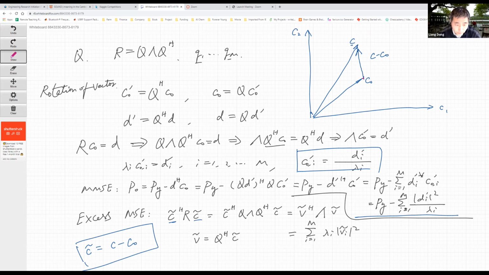First, we transfer the origin from 0 to C0. And here are Q1 and Q2, the two vectors of my eigen decomposition, right? Q1, Q2, dimension 2.